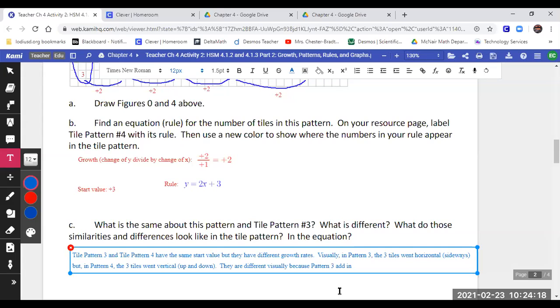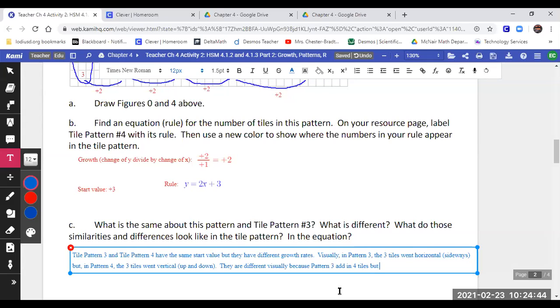Because we're talking about the visual, what you saw, not what you calculated. Added in what? For what? Because we're talking about a tile pattern. For what? Be specific for this situation.